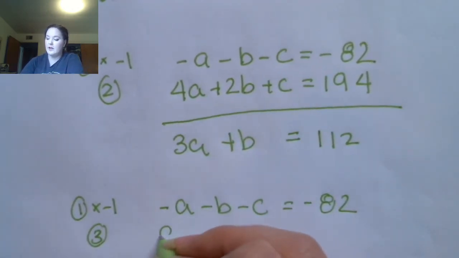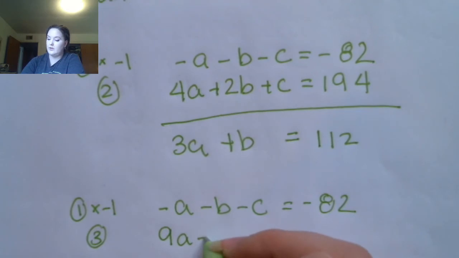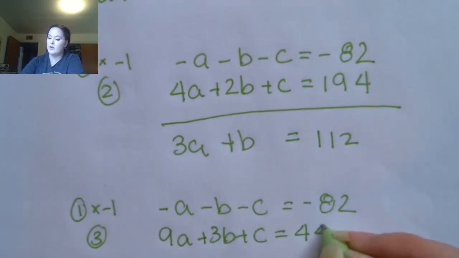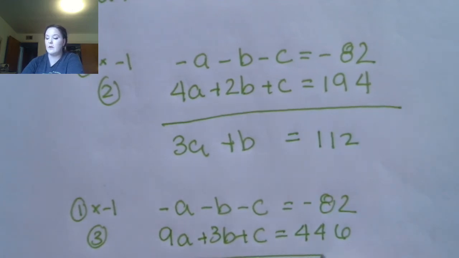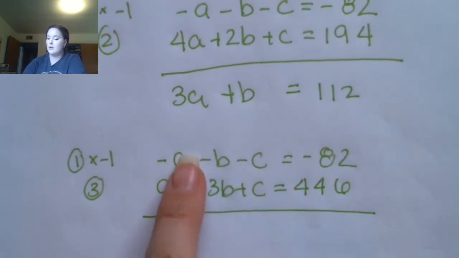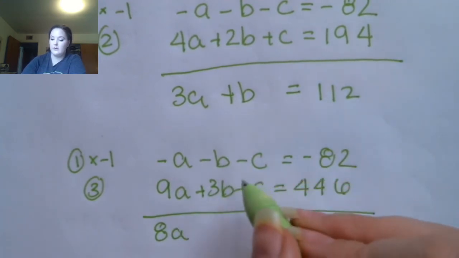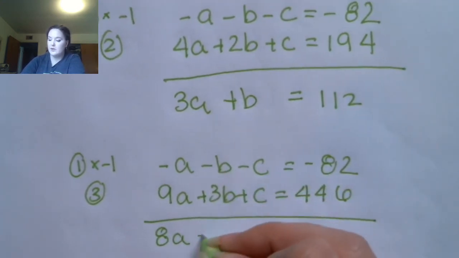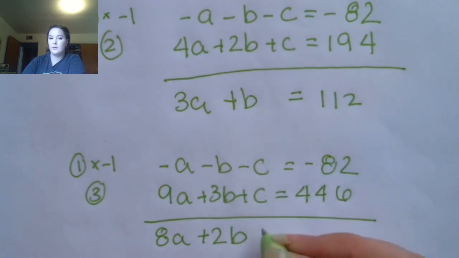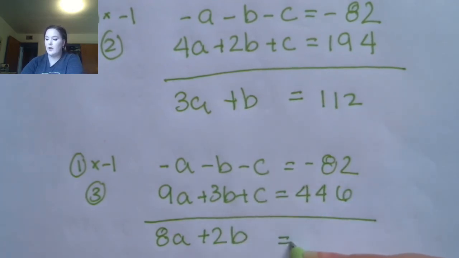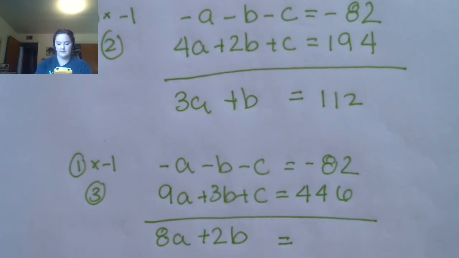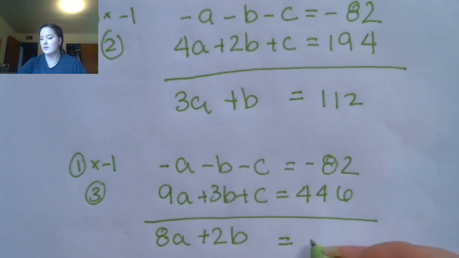So this was 9a plus 3b plus c equals 446. Okay. So negative a plus 9a is 8a. Negative b plus 3b is 2b. Those cancel as intended. Okay. And negative 82 plus 446 is 364.